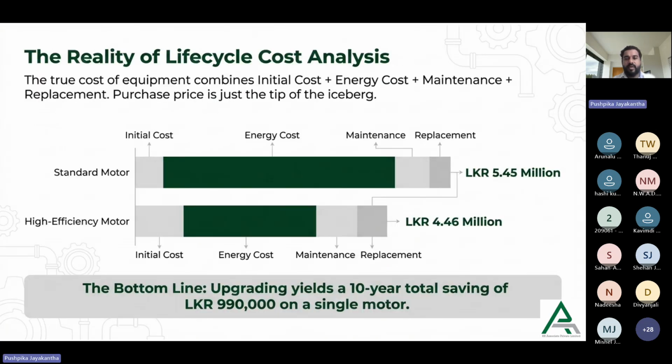Here you can see, although a high efficiency motor has a higher initial cost, it may significantly reduce energy consumption over time because its operational energy cost is lower than the standard motor. So this life cycle analysis helps organizations make better long-term investment decisions.